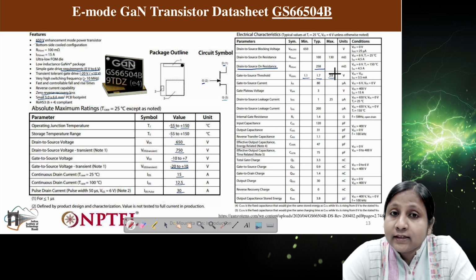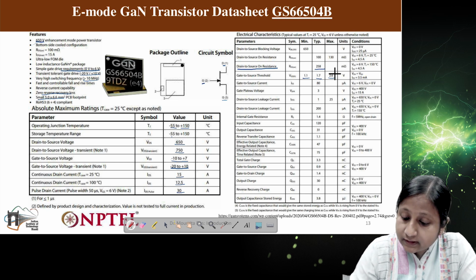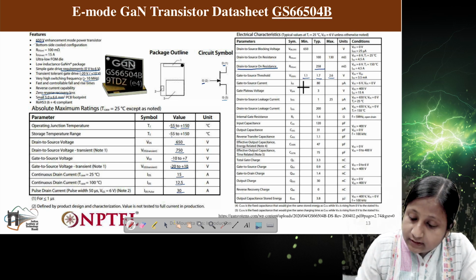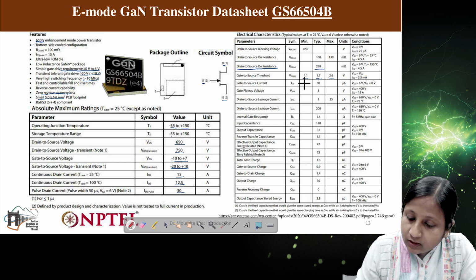That is the reason it is always advisable to provide negative voltage. Then at least there will be some gap between the threshold voltage and the gate voltage. But if there is no gap, there can be a problem of false turn on. So that is one of the main problems of this kind of devices. The threshold voltage is very low.